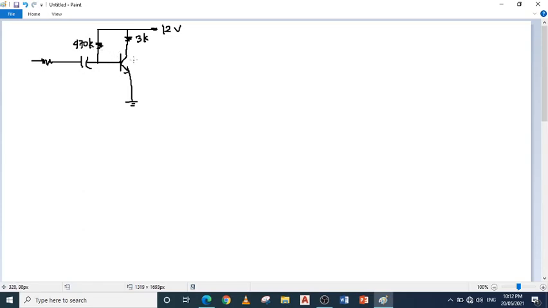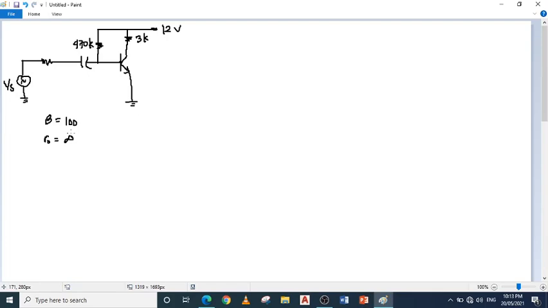And then the beta for this one, I will do it later. So, we have Vs. And the beta for this one is 100. Assume, again, that in everything we compute, RO is infinite.